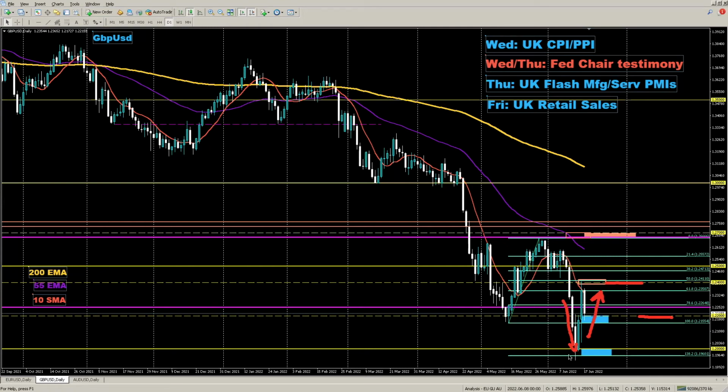So last week's range was quite wide, from below the 120 into 124, so more than a 400 pip range before settling back into the center of the range.